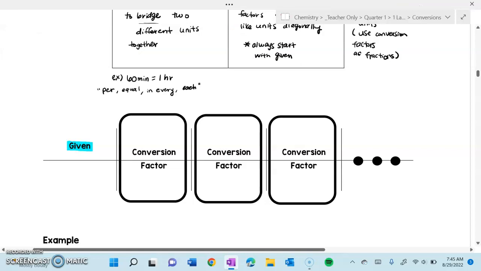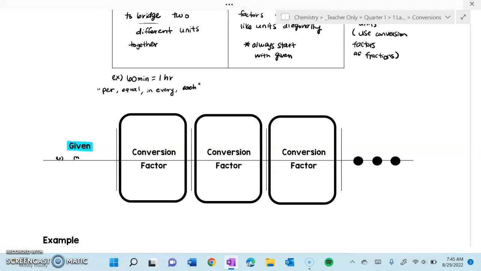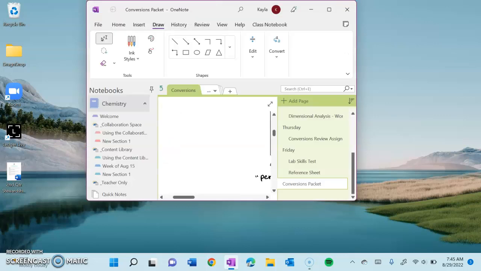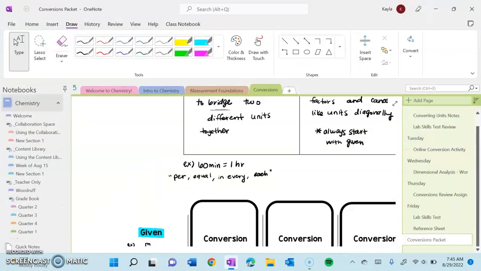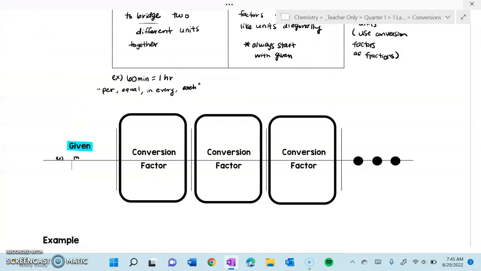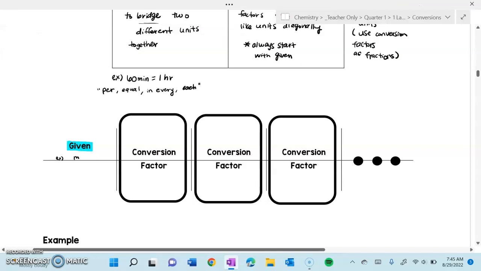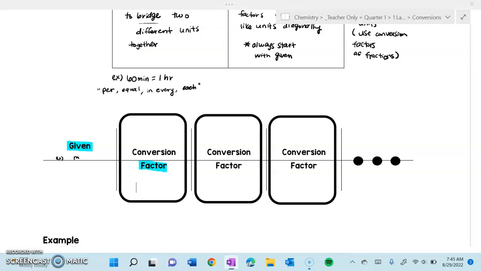I'm going to write these down just as an example here. So this is meters. Then our unit needs to match diagonally to cancel on the bottom of our next conversion factor. So that would also need to be meters.